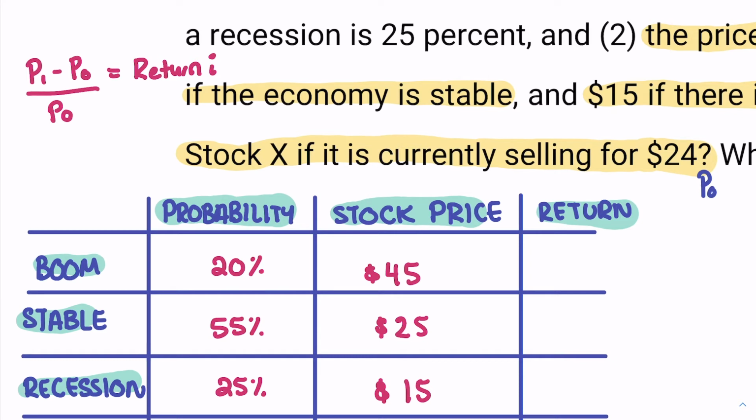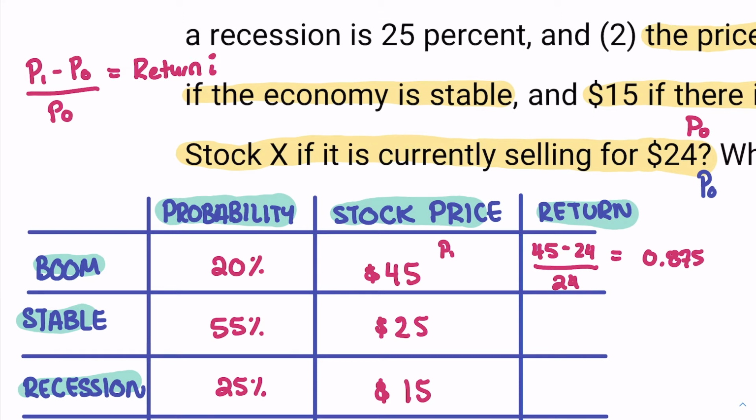And we're going to do this one together, okay? So P1, obviously, will be our stock price, and P0 will be our current price. So we have to take (45 minus 24) over 24. And that's going to give us our resulting return, which in this case will be 0.875. Now that's some crazy returns. You almost doubled your money.